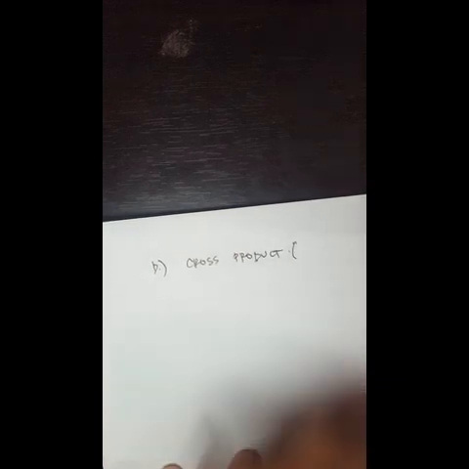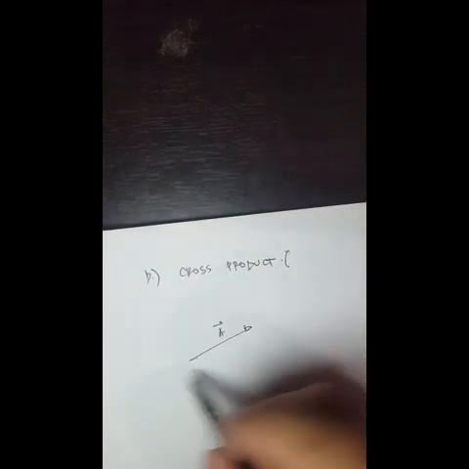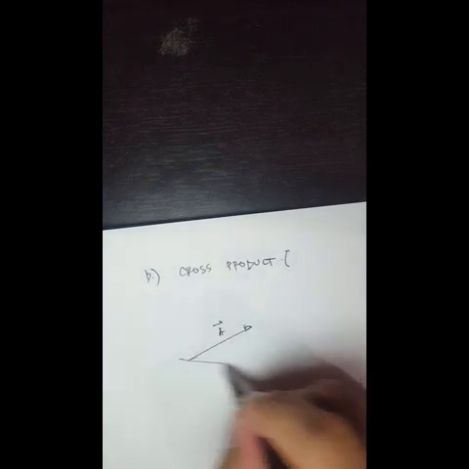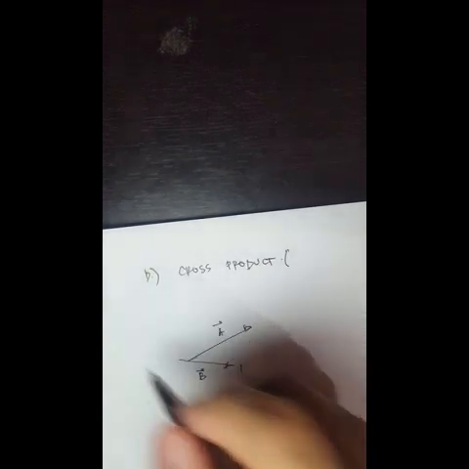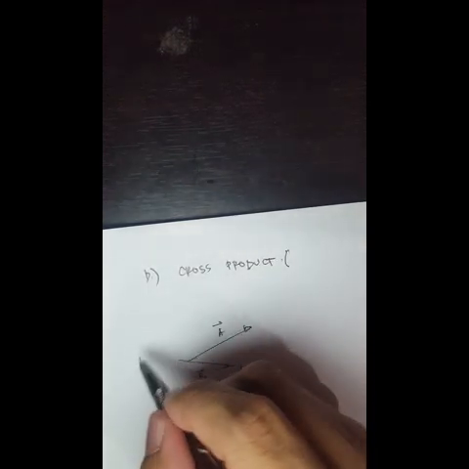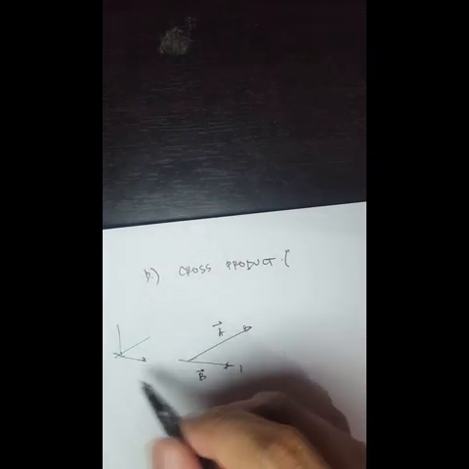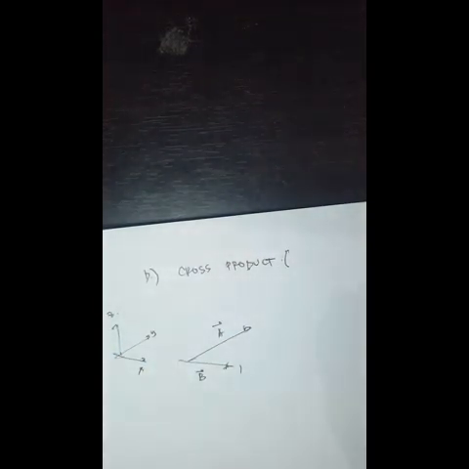Let's say we have these two vectors, vector A and vector B, and let's draw this in 3D. Let's say this is our x, this is our y, and this is our z-axis.